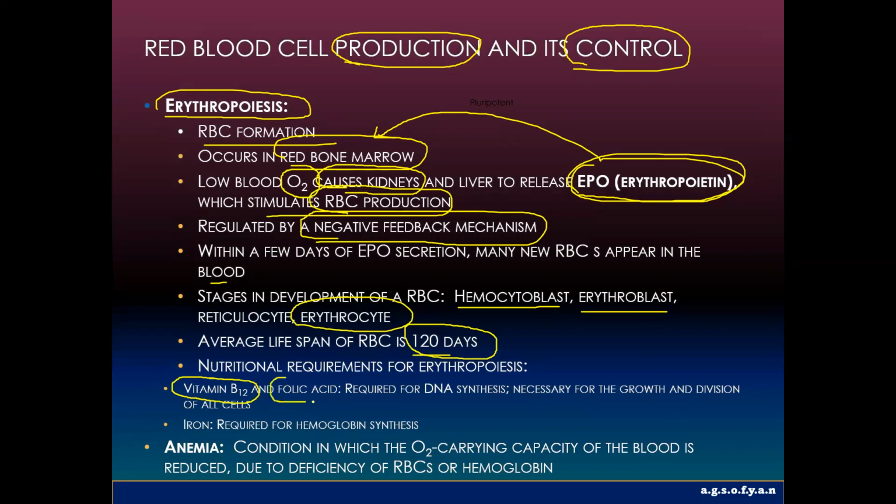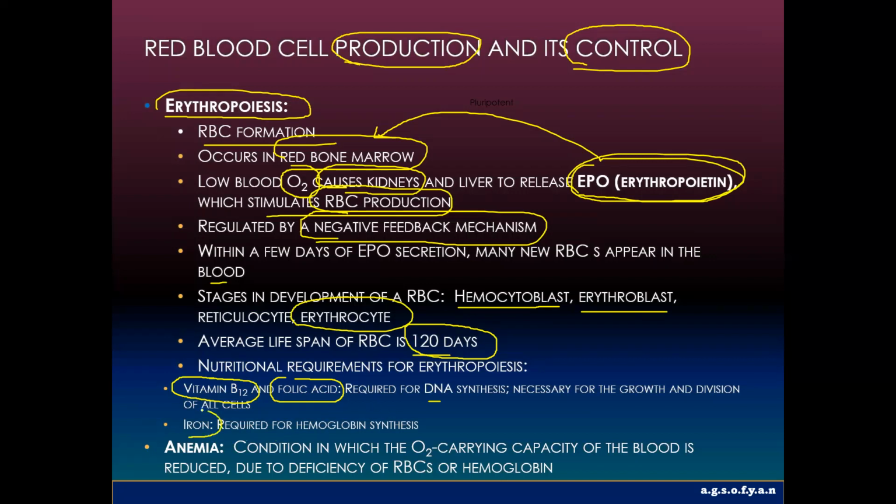Folic acid, which is a type of amino acid, is required for synthesis of the red blood cell, so DNA synthesis for the red blood cell. Vitamin B12, we can usually get from vegetables, meat. For folic acid, liver has a lot of folic acid.